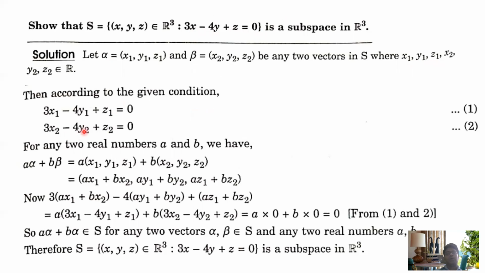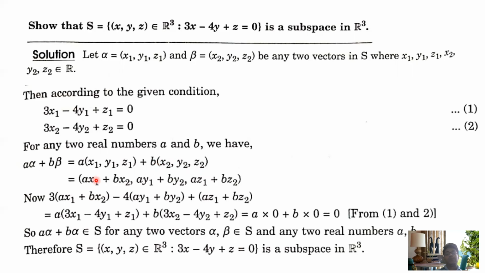This is equation number 1, and then 3x2 minus 4y2 plus z2 equals 0 from this relation. Now for any real numbers a, b, we have a alpha plus b beta, that is a into x1, y1, z1 plus b into x2, y2, z2.